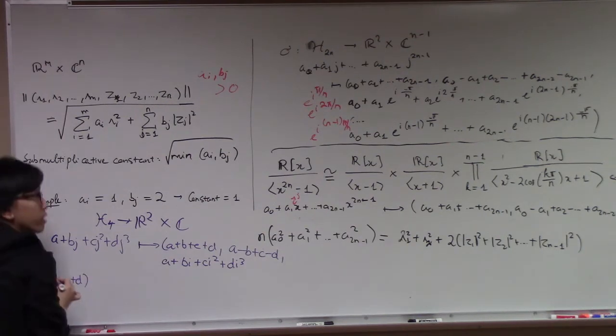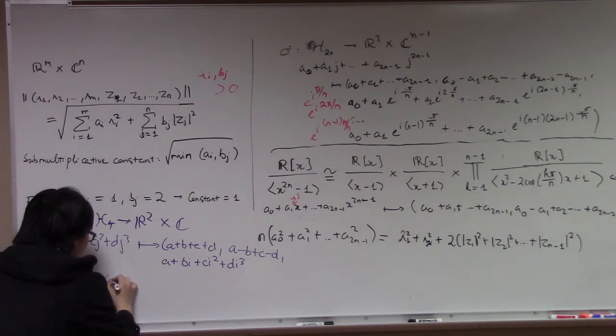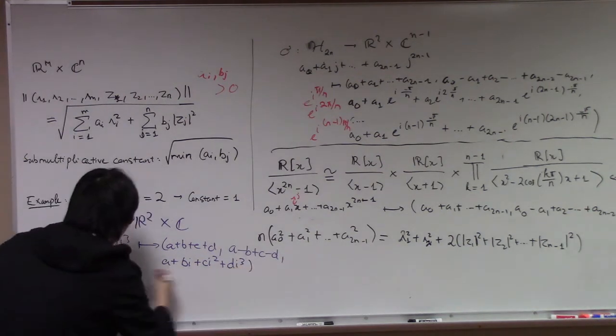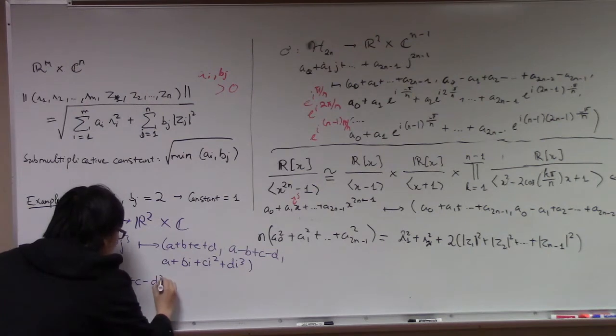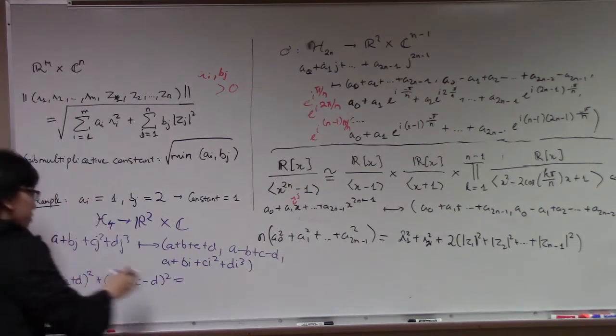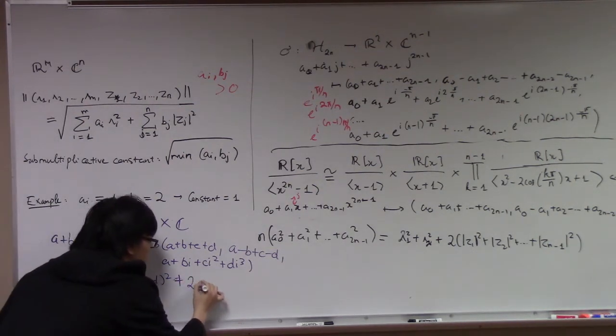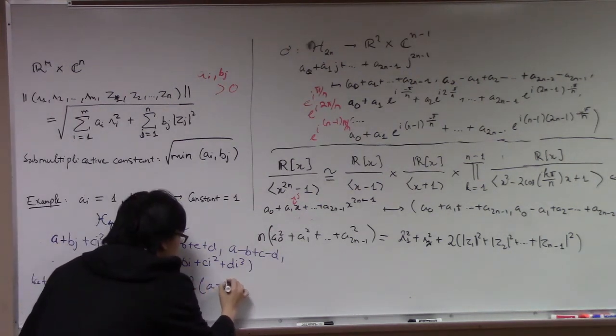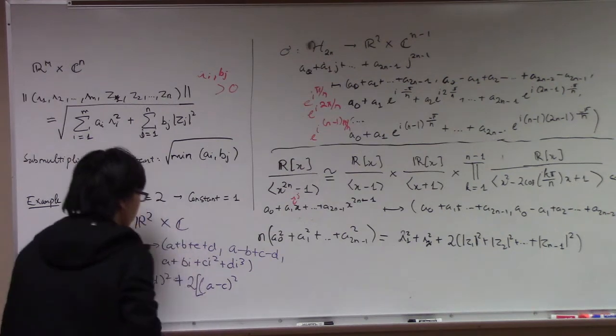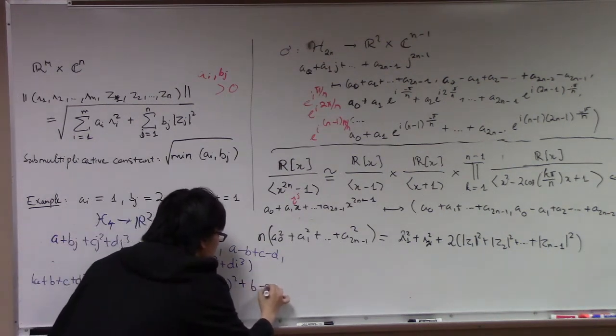So using the weighted norm on this problem right here, plus 2. I think it's a minus c squared. Yeah, b minus a squared.